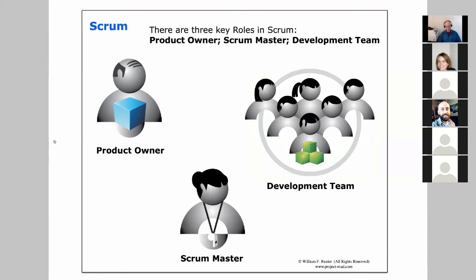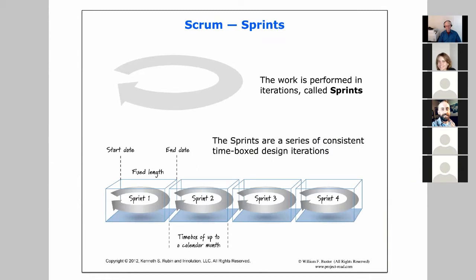So then the work is organized into these sprints, and the sprint is a time-boxed design iteration, and the sprints follow one after another, and there's a bunch of activities within each sprint.